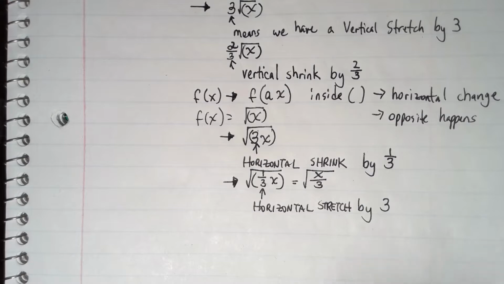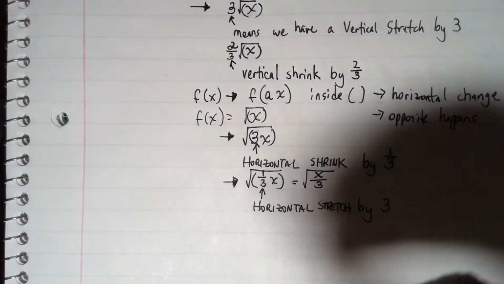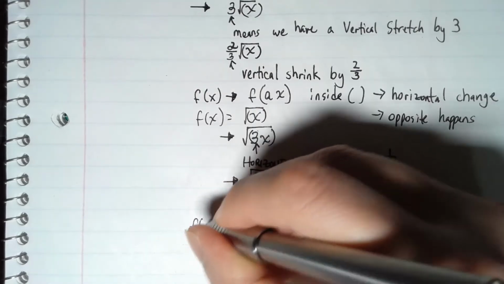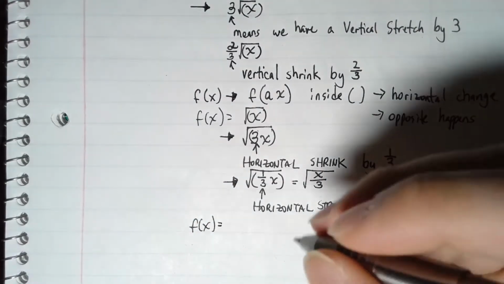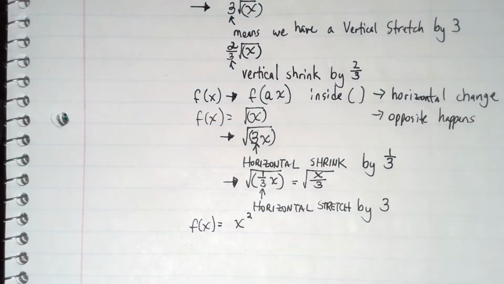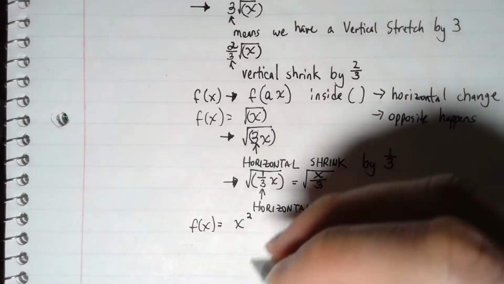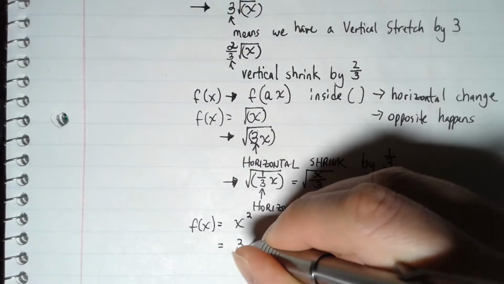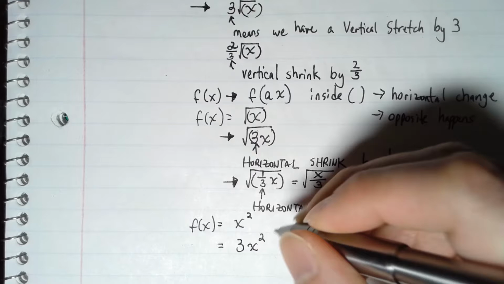Now we can do some combination here. So let's do f of x, the original parent function, is x squared. And now let me do 3x squared.